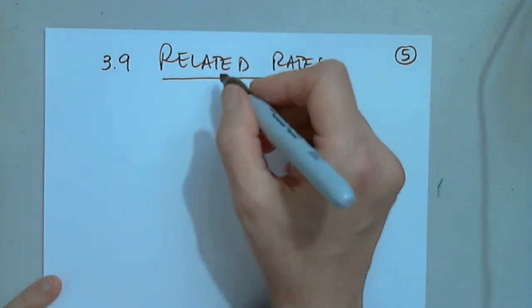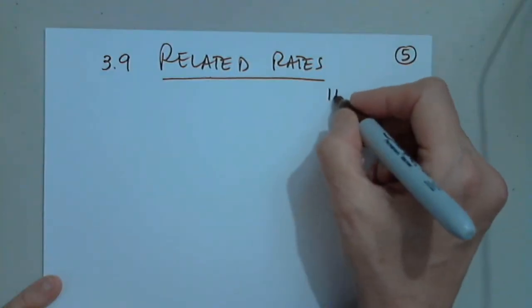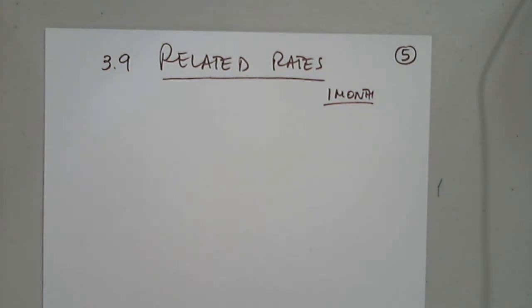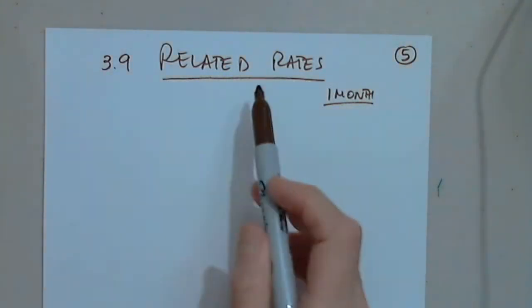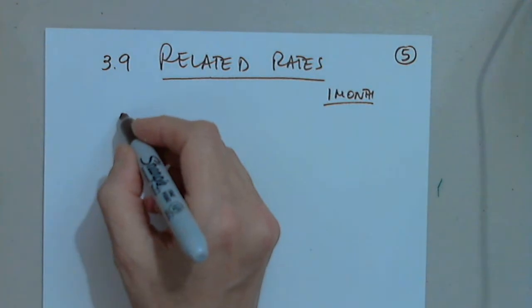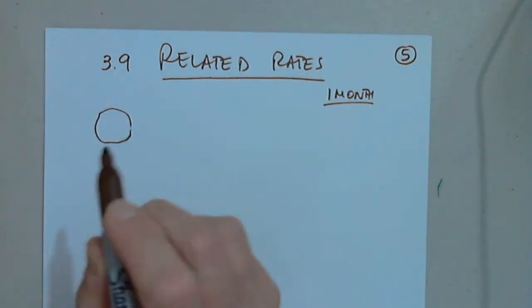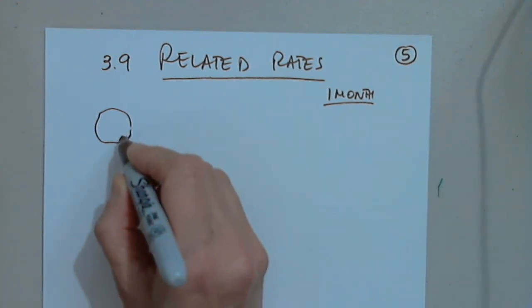We can spend on this section alone at least 1 month, and we still won't be able to exhaust it. So we're going to look at as many problems as we can. Okay, what does this mean? Just imagine I have a balloon and I pump air in the balloon.